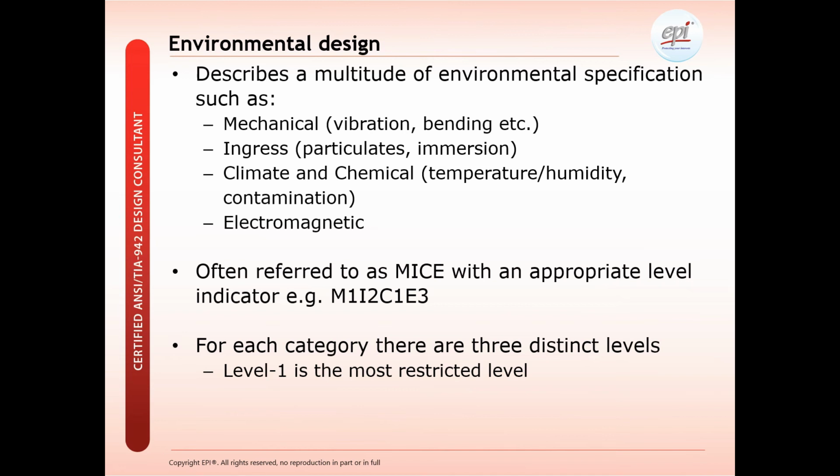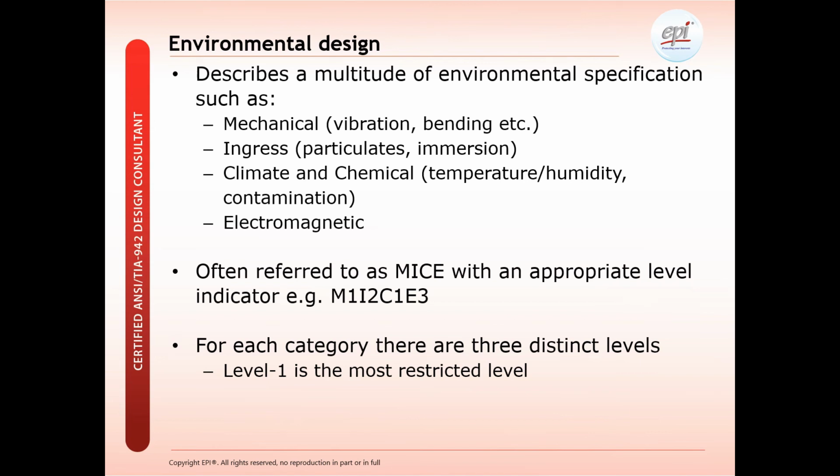TIA gives very good direction around how we design the environments. So the environmental specification from TIA will look at various aspects around choosing mechanical components. We need to consider how various contaminations like particulates, water, can impact on the reliability of ICT equipment.